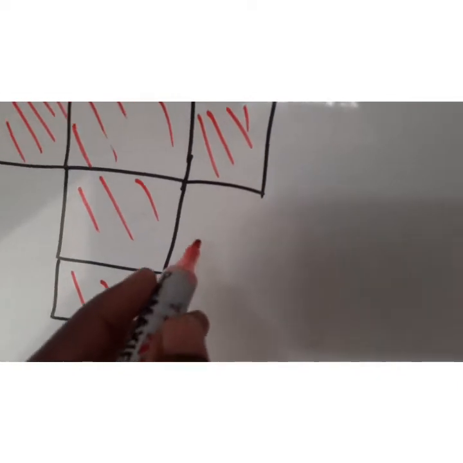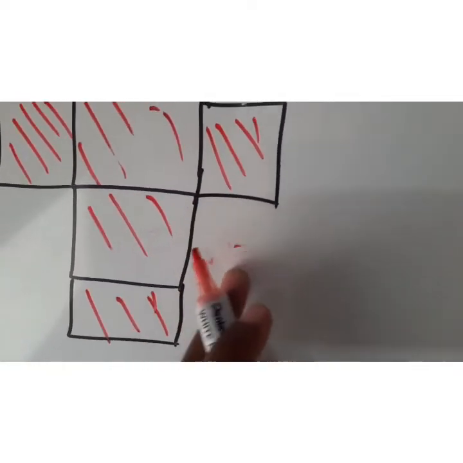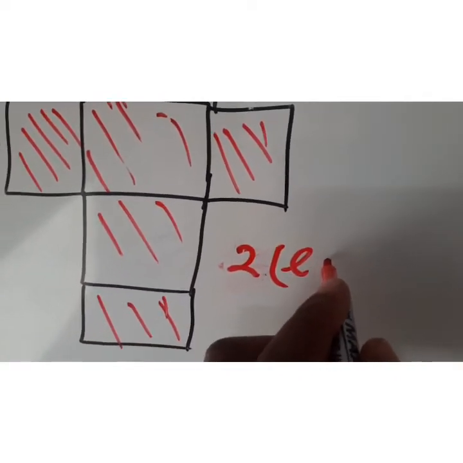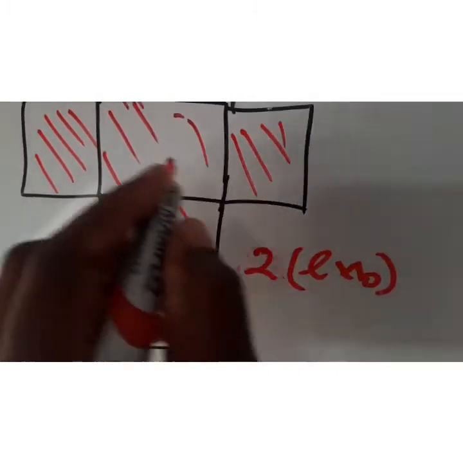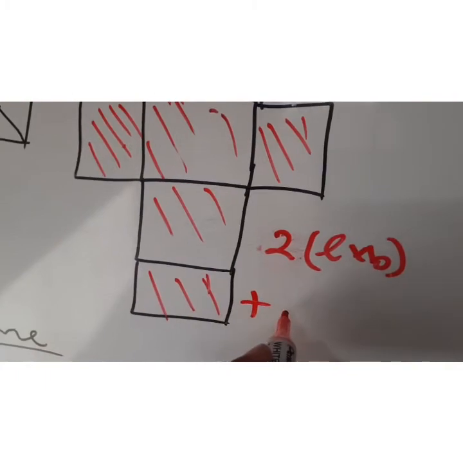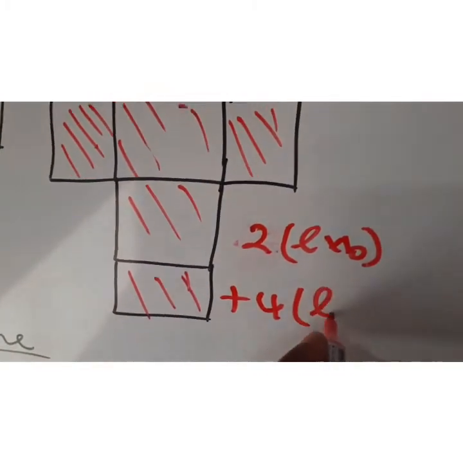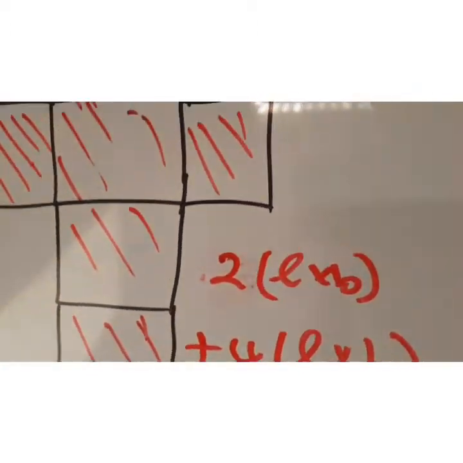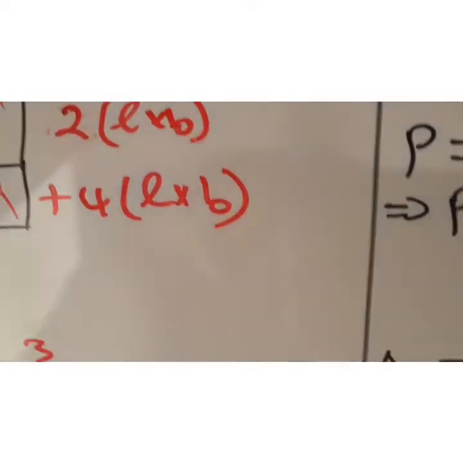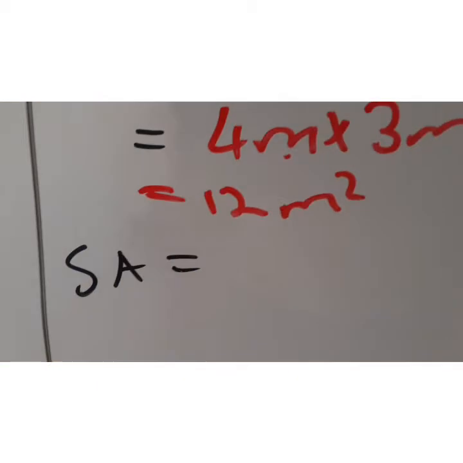Therefore, your formula could actually be 2 times your length times breadth of the squares, and you add your 4 times your length times breadth of your rectangle. And then if you work this up and simplify it, you actually get your formula for surface area, which I'm not going to calculate right now.